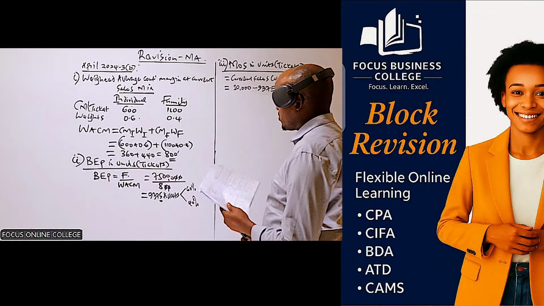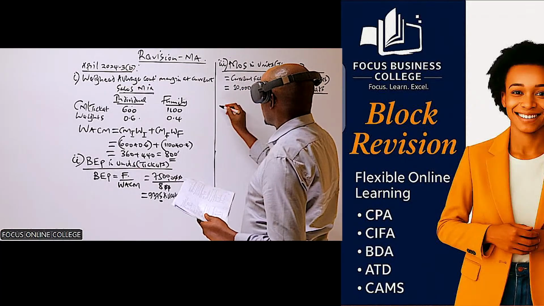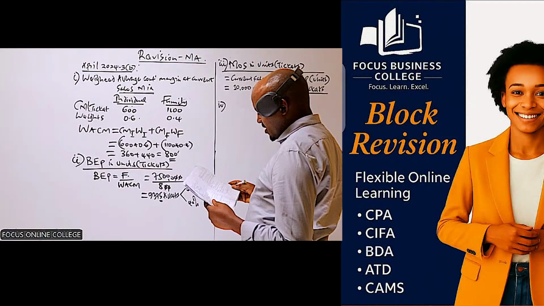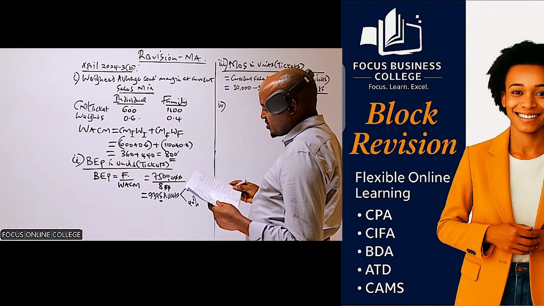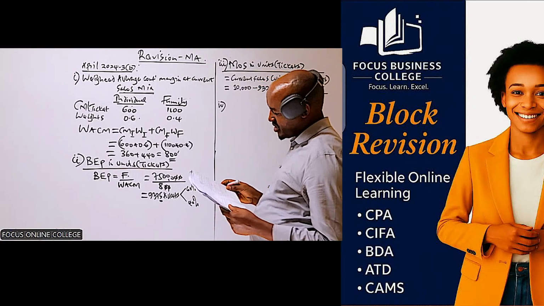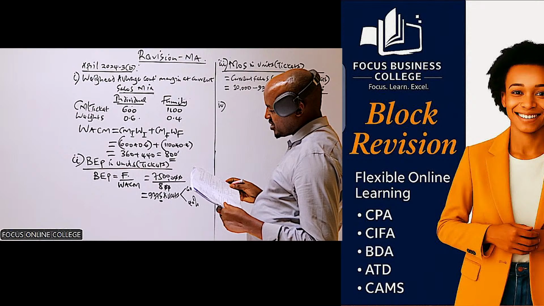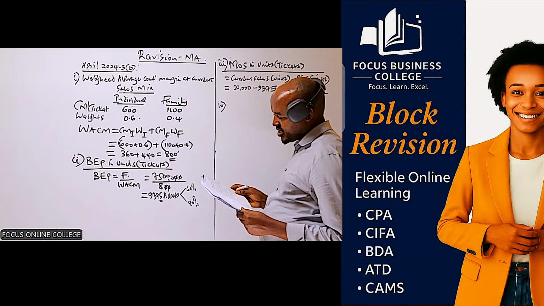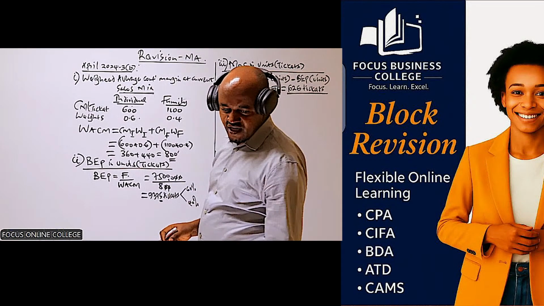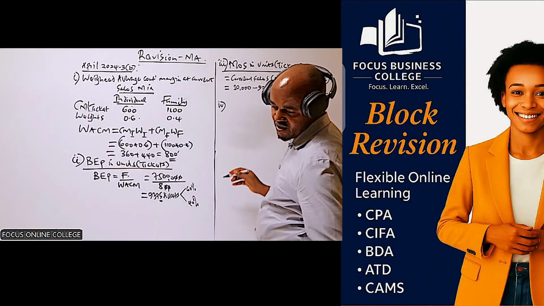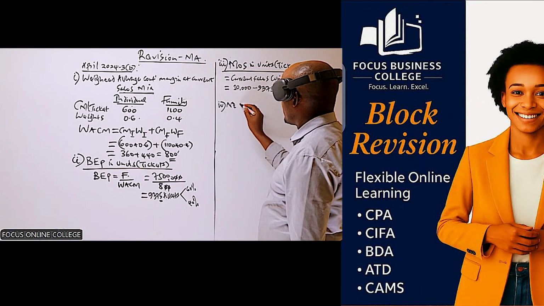Yes. So let's move to the last part of that particular question, Roman 4. And basically what you're required to do is to calculate the number of individual tickets and the number of family tickets that luxury weekend county park must sell to break even. So I think that one is quite simple.